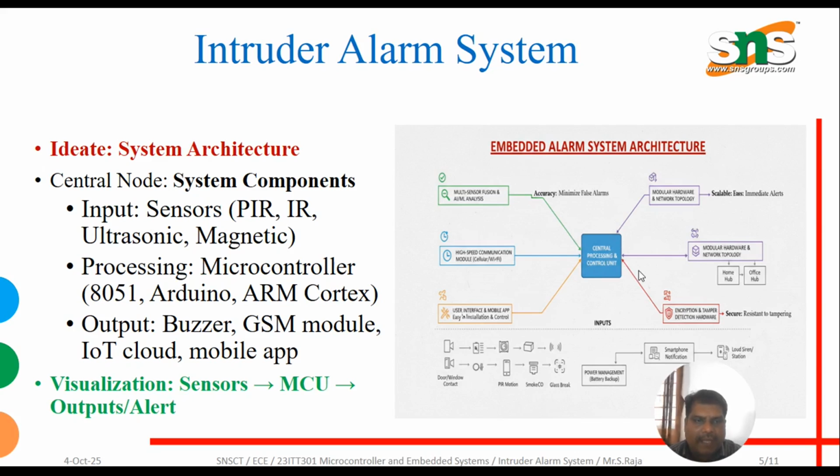If you are a hardware engineer or a microcontroller specialist, your aim is to provide a minimum number of inputs and outputs, while the user is satisfied with what they need. For example, here the inputs are from multi-sensors, with AI and ML analysis, such as medical imaging analysis or artificial intelligence and machine learning analysis, that provides good accuracy and minimizes false alarms.